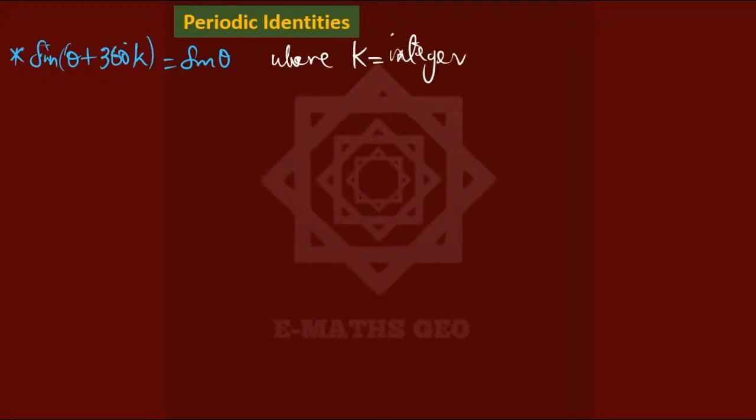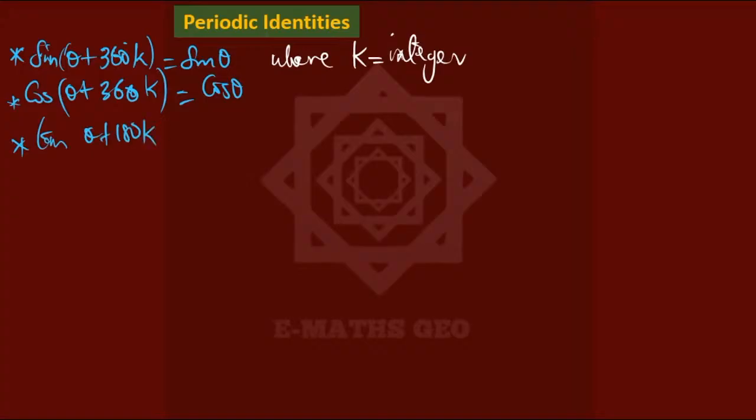So for cos it is the same: theta plus 360k is always cos theta. But for tan, it is 180k, so the answer is tan theta. So it's just a higher angle.